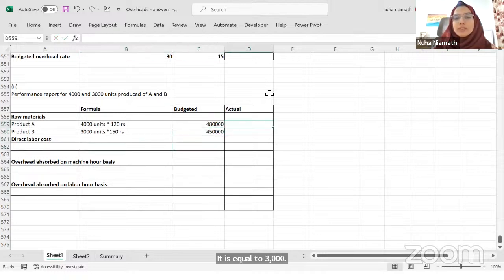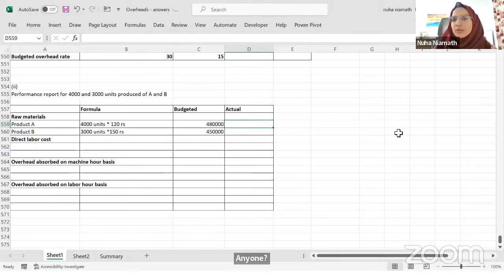Here, can somebody please tell me the actual amounts given in the question? For product A, anyone? It's given in the question.